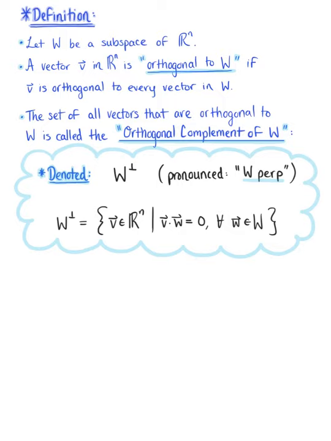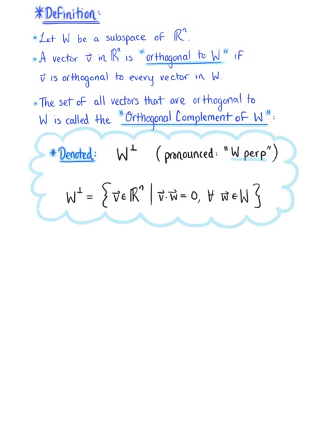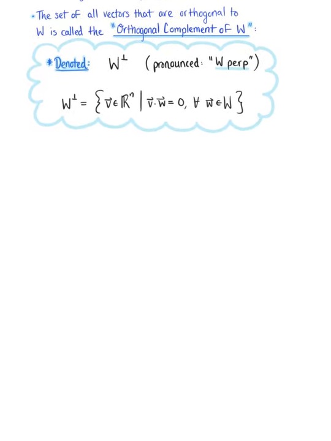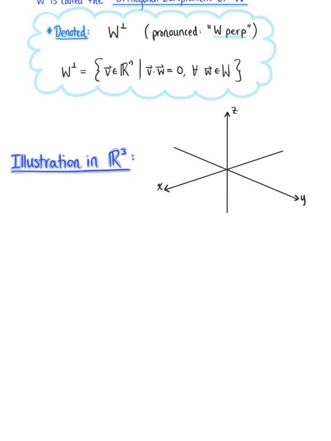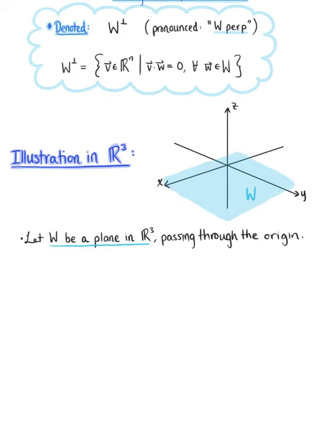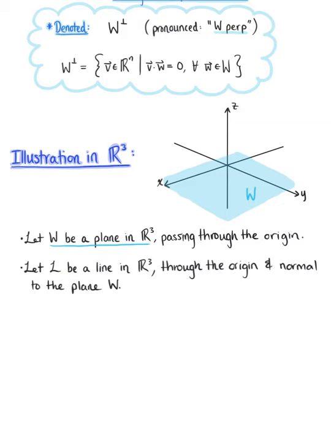So to better help us understand or interpret this definition, let's go ahead and think about the following illustration in space. Let W be a plane passing through the origin in R3. And we also want to let L be a line passing through the origin in R3 such that this line is normal to the plane.